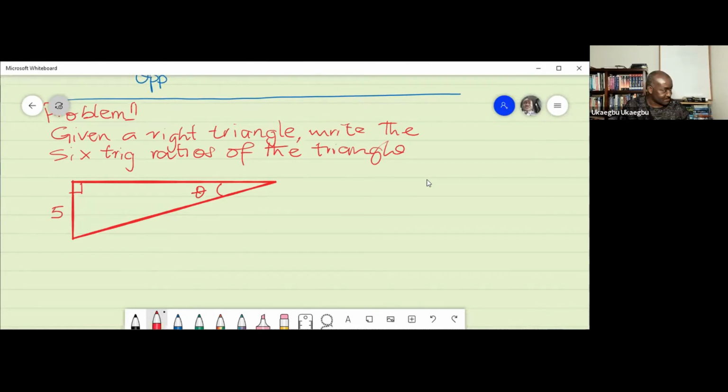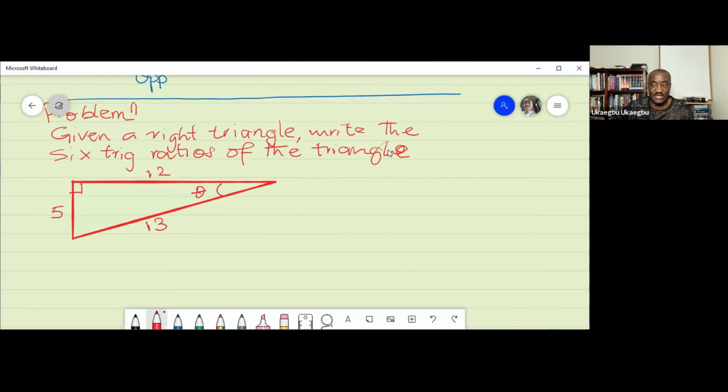This one is 12, and this side is 13. So the question says, given this right triangle, write the 6 trig ratios of the triangle. You have 2 minutes to do that.